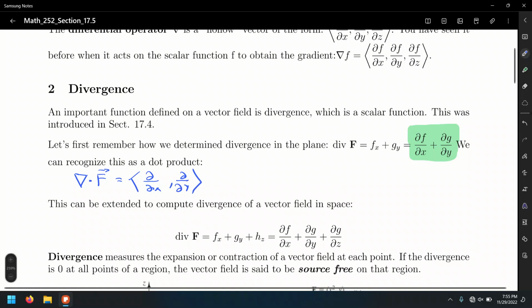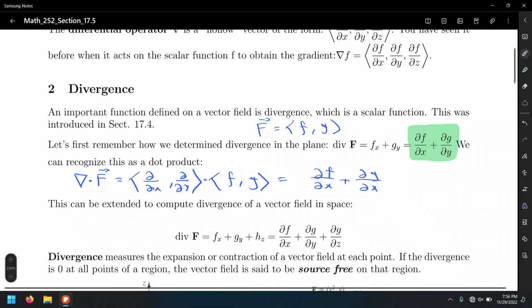And at the same time, you might recall that this big F, this vector field, is some function f, some function g. So take the dot product between those two vectors, and this is going to be indeed the divergence of the vector field.